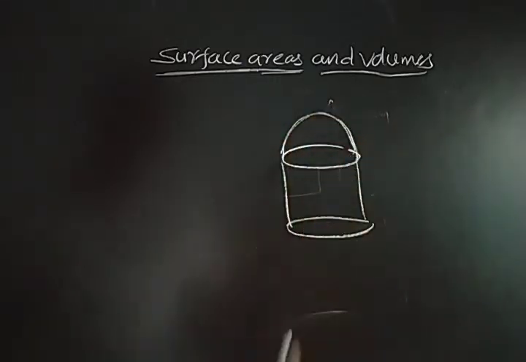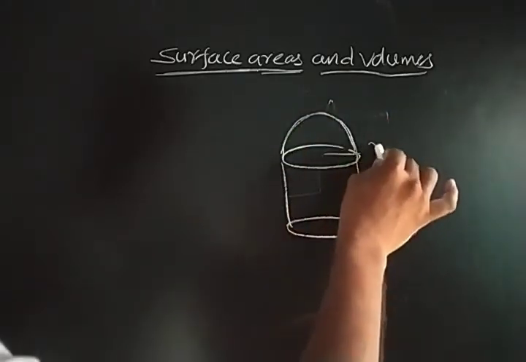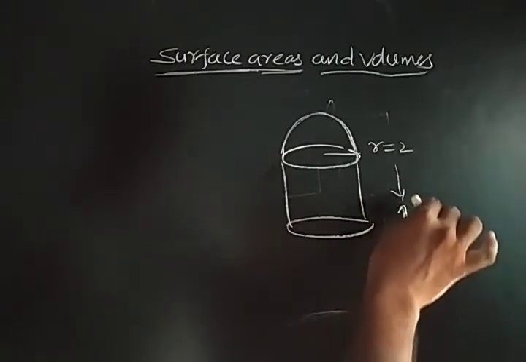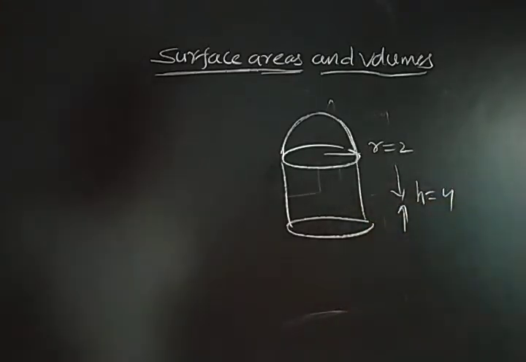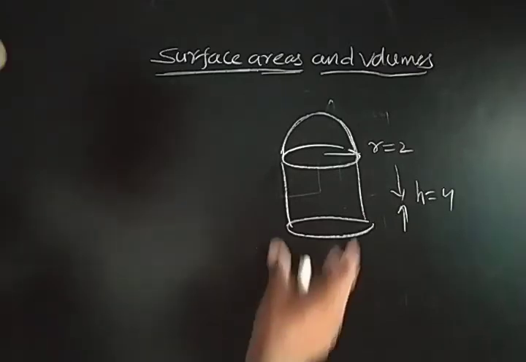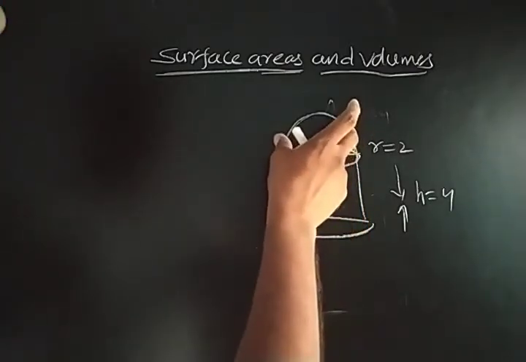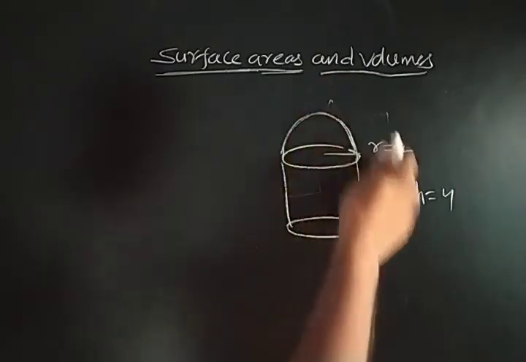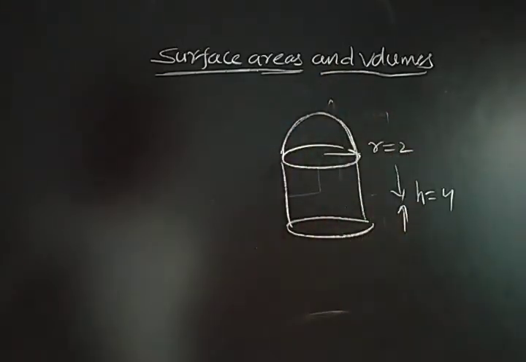Now I need this solid's volume. Suppose I am giving the radius as 2 centimeters and the height of the cylinder as 4 centimeters. So here one hemisphere is surmounted on the cylinder. I need this total solid figure's value.